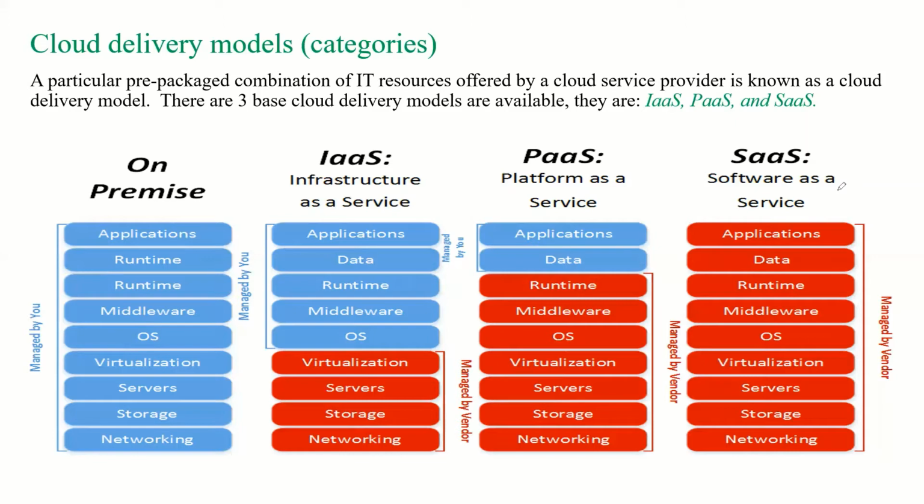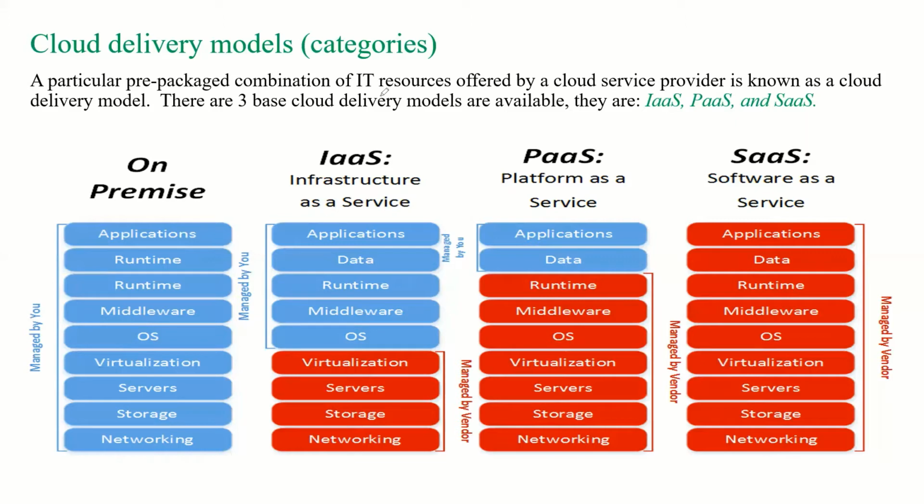All you need to do as a user is create your user account, log into that Gmail account, create your email, check your emails, send and receive. That's it, correct? Similarly, our WhatsApp, Telegram channel, you own nothing. You just create your account, you add up your contacts, you will start communicating. That is what the software as a service.